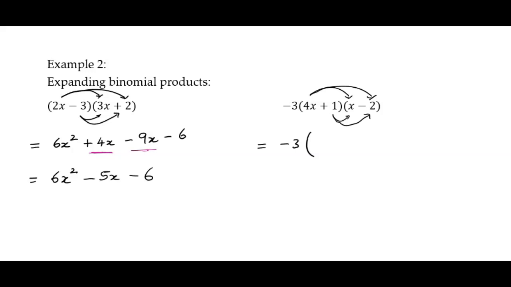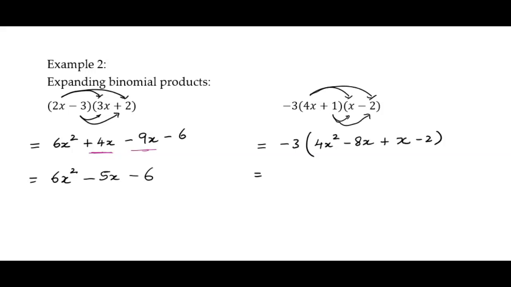So 4x times x giving me 4x squared, 4x times minus 2 giving us minus 8x. Then we have 1 times x giving us 1x. When we're representing 1x, we don't have to put the 1 in front. It automatically assumes that there is a 1 in front. And 1 times minus 2 giving us a negative 2.